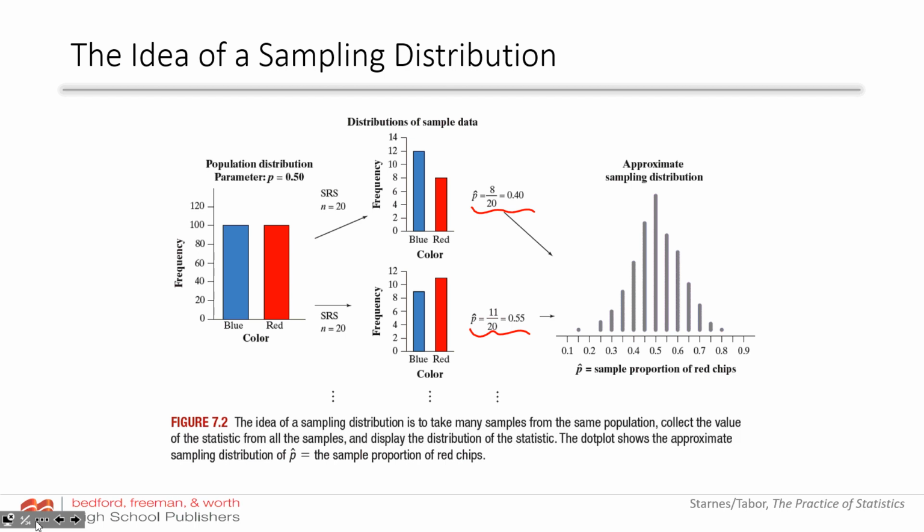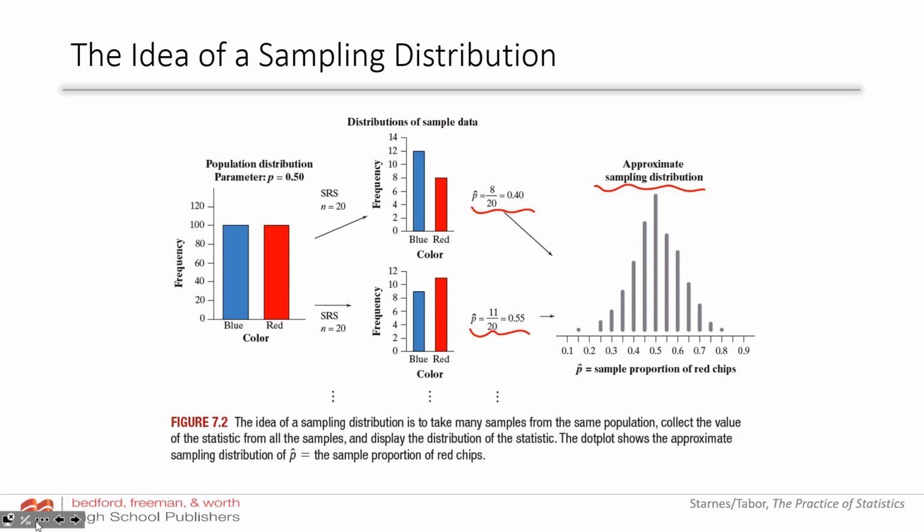If I repeat this and take lots and lots of samples, and from each of those individual samples I record the proportion of chips that were red, and then I make a dot plot or a histogram with all those proportions, that gives me what we call a sampling distribution. So a sampling distribution is a distribution that comes from a whole bunch of sample values. In this case, it's a whole bunch of sample proportions.